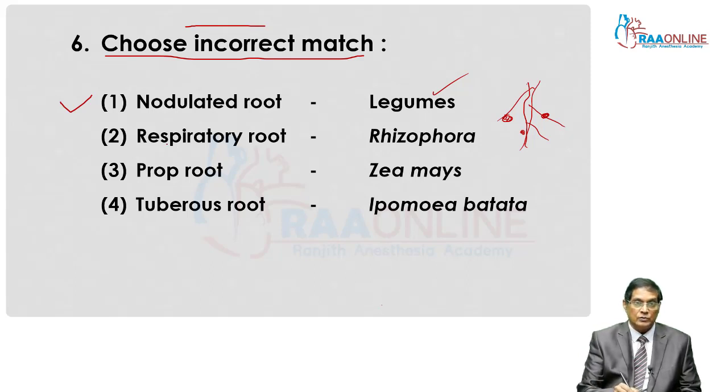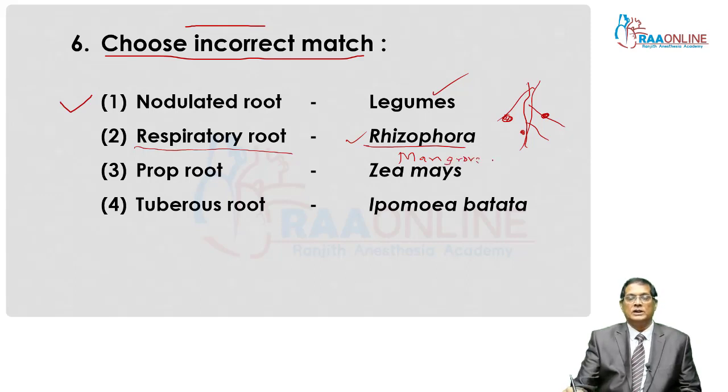Then respiratory roots are found in Rhizophora. Yes, it is also correctly matched. Rhizophora is a mangrove, that is, vegetation of coastal areas. In Rhizophora, actually the soil in which it grows is oxygen deficient.